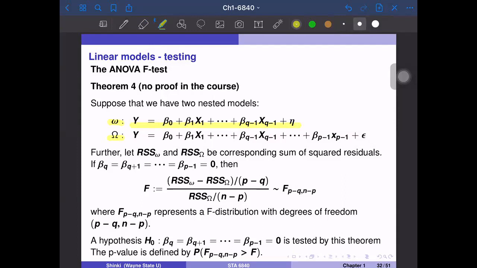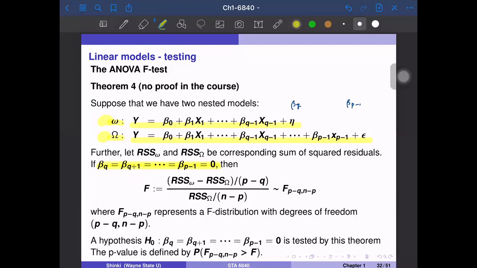So the difference is the parameters beta q to beta p minus 1. The null hypothesis can be expressed this way. You can think of just a larger model, capital omega, and if this hypothesis is true, then that becomes lowercase omega. So this is the null hypothesis.